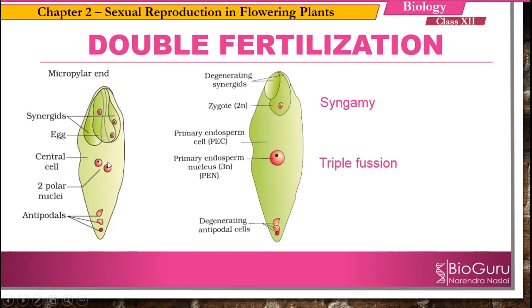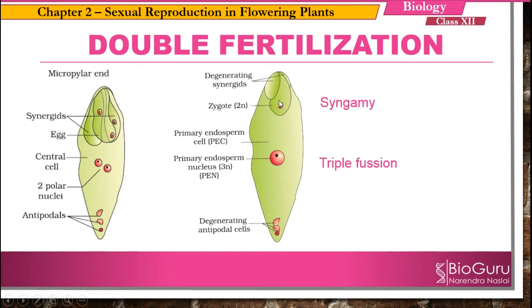So resulting in a nucleus called the primary endosperm nucleus, which is triploid. In short form it is called PEN, that is, primary endosperm nucleus. So the fusion of the male gamete with the polar nuclei is termed what? Triple fusion, resulting in the PEN.